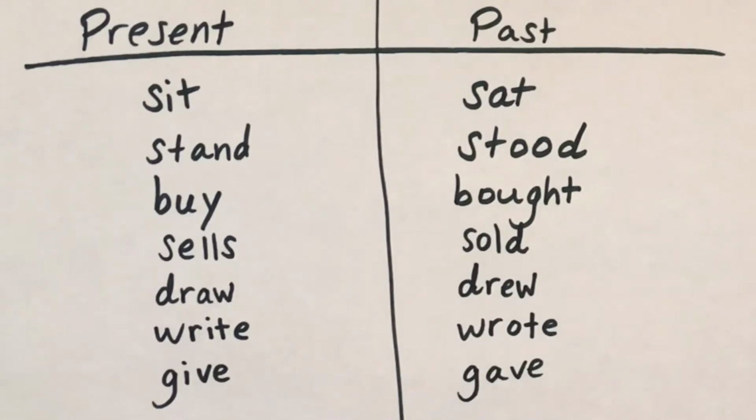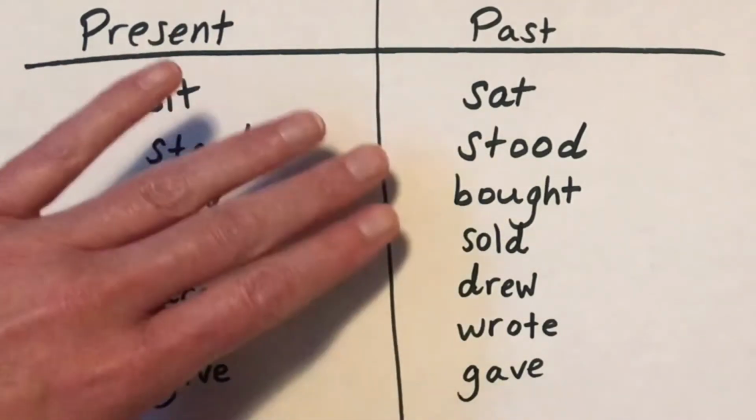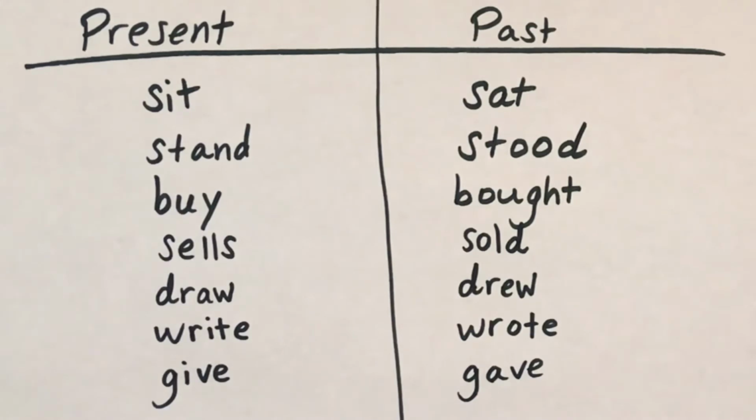So as you can see, there's really no rules when it comes to irregular past tense verbs. You just have to learn them, memorize them, get familiar and comfortable with using them. And I'm going to give you an opportunity to practice independently. I'm going to play a video and I will be reading a sentence aloud that matches each video clip.